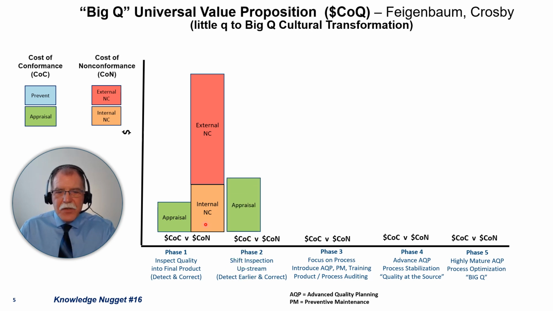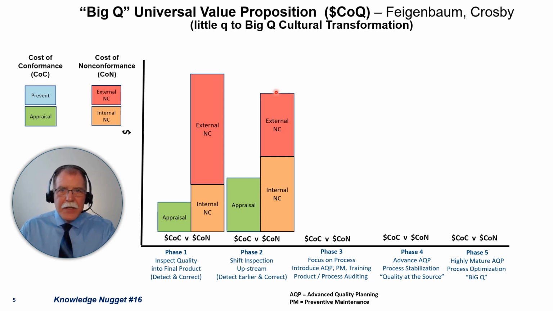As I move to phase 2, I start to shift some of that final inspection into in-process inspection. So I do more inspecting, and as a result, I have an impact. I decrease the total cost of nonconformance.